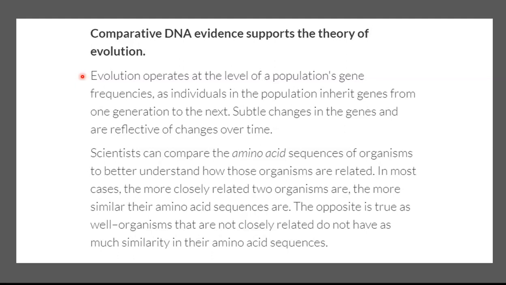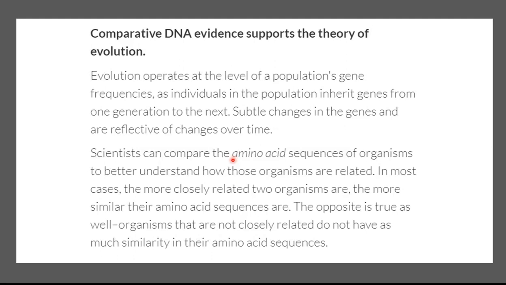As individuals in the population inherit genes from one generation to the next, subtle changes in the genes are reflective of changes over time. Scientists can compare the amino acid sequence of organisms to better understand how those organisms are related. Now remember, the amino acid sequences that are put together by those codons in the DNA make proteins.